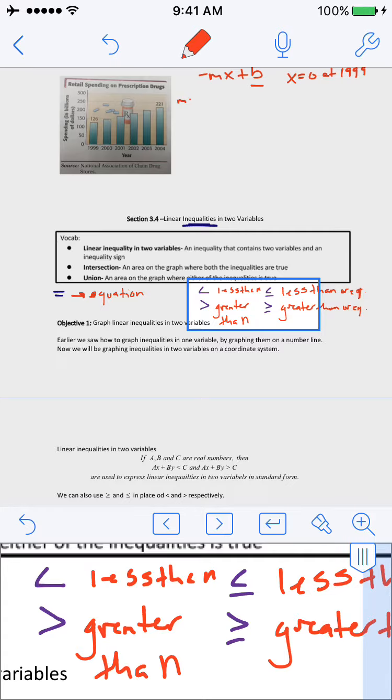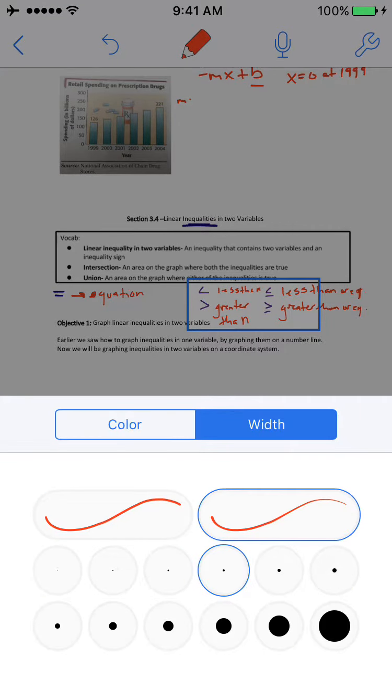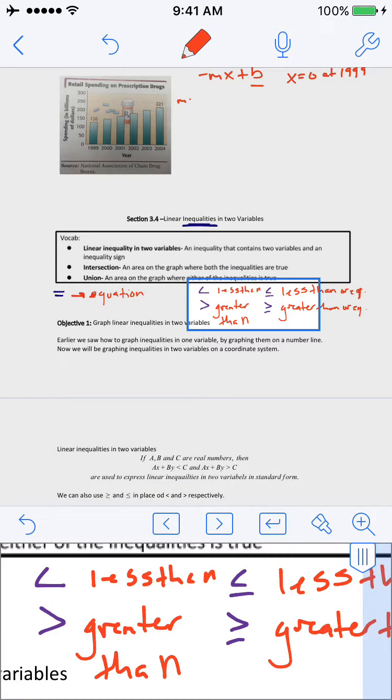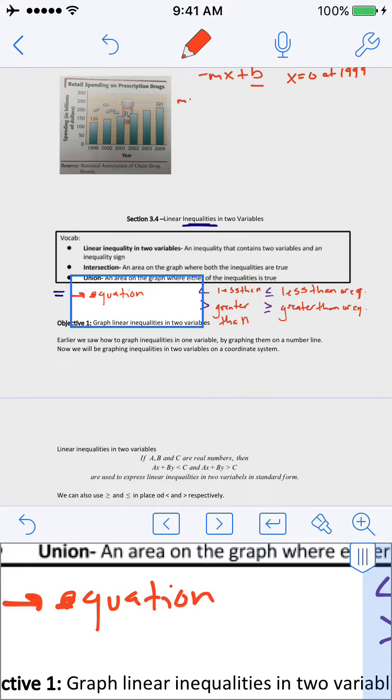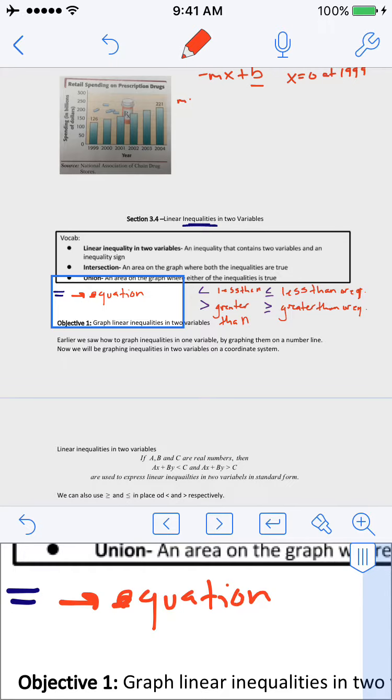Sorry about my handwriting. So we've got less than or equal to, greater than or equal to, less than, or greater than. So four different options.